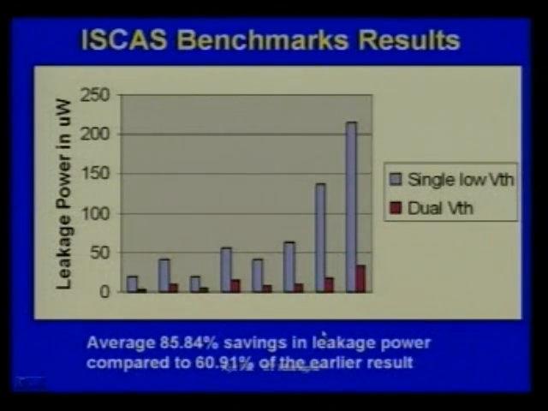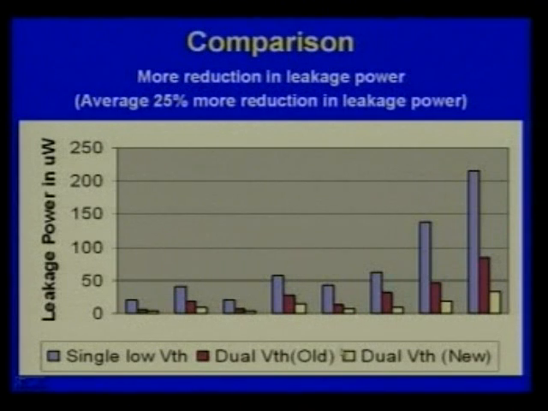And so it has compared single low VT, dual VT earlier, and dual VT new one. So the dual VT new one is the proposed approach which has been done by some of my students. There you find there is significant reduction in leakage power compared to the earlier approach, as well as the original circuits which are realized by using low VT.